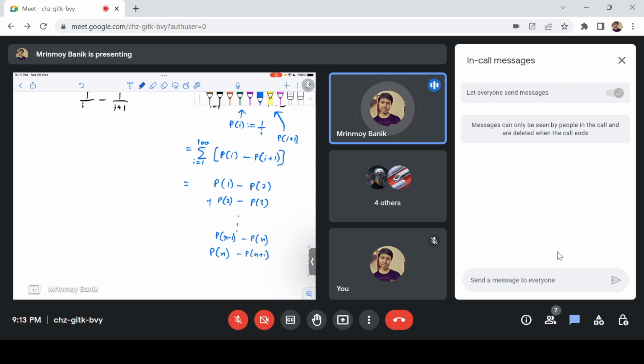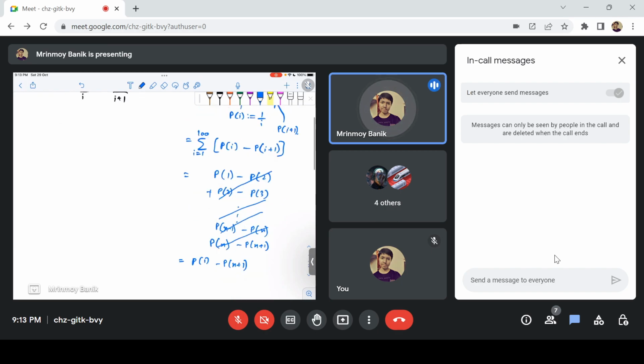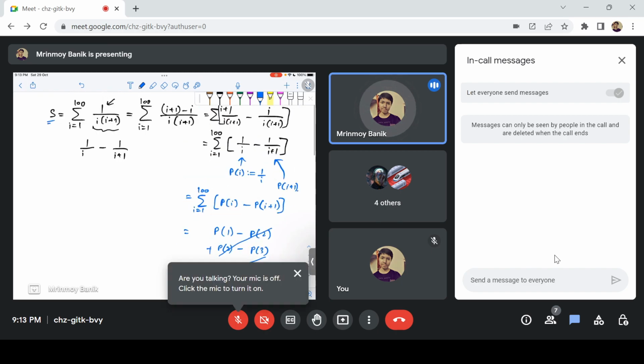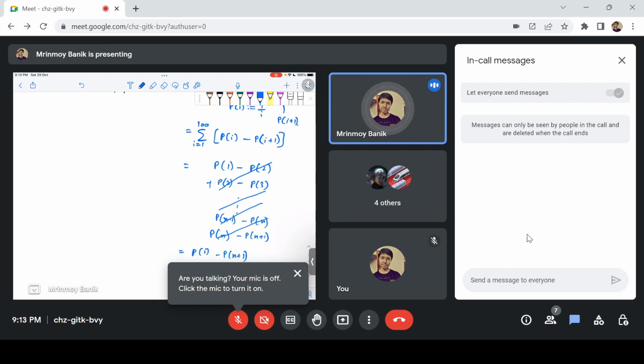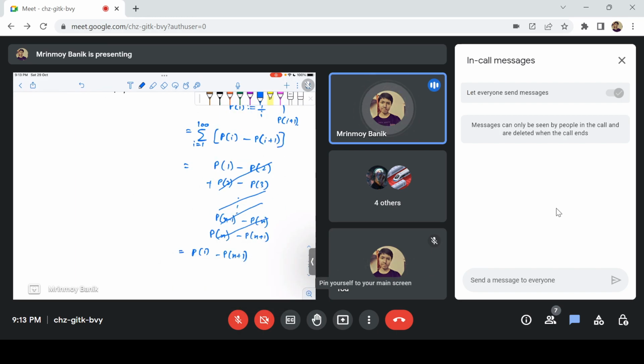This is basically the sum written in the expanded form. You will be able to cancel out the terms diagonally. So you get p1 minus p(n+1) as the end result. So you are able to get the value of S without explicitly computing all the 100 terms. This method is called the method of telescopes.